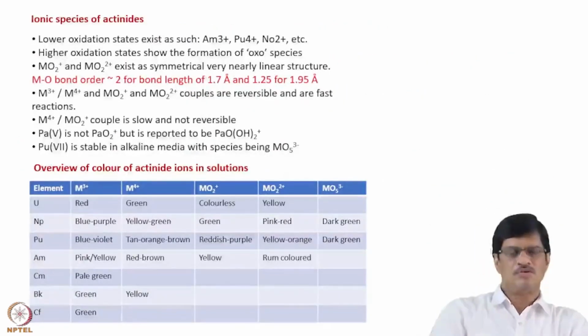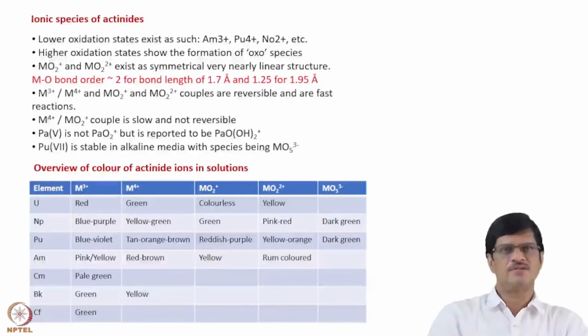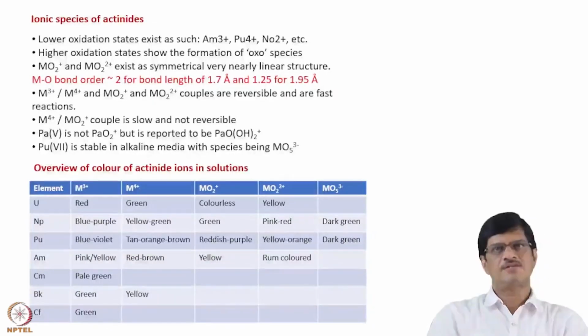Now coming to the different ionic species of the actinides, as I have mentioned in the previous slide, for the lower oxidation states such as +3, +4, and +2, there is relatively less hydrolysis in the water medium, and the actinide ions exist in those charged states.